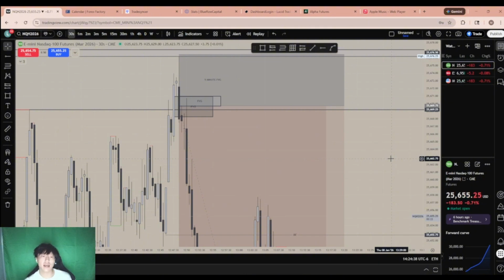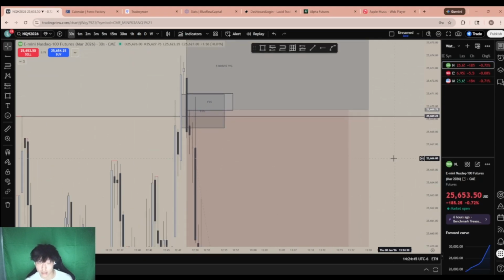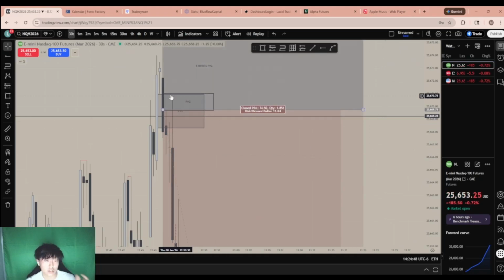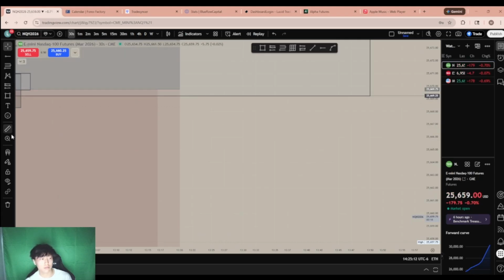High probability fair value gaps can be shown like this: you get this fair value gap, but this candle and this candle right here look super weak, right? So the market needs more liquidity, more people. They balance out this fair value gap right here just because this candle is super weak. Where's my marker, bro?